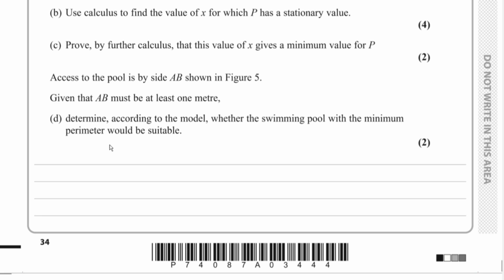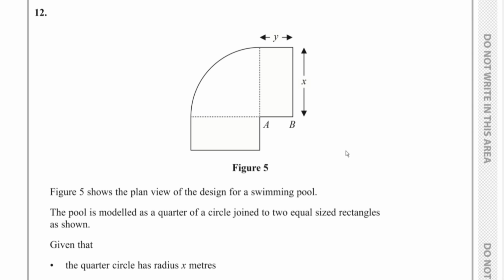To begin with, we can find out the surface area. For the surface area, we've got two of these rectangles. Those have areas xy each. And then we've got this quarter circle, which has an area of pi x squared over 4. And the reason we divide by 4 is because we've got a quarter of a circle.